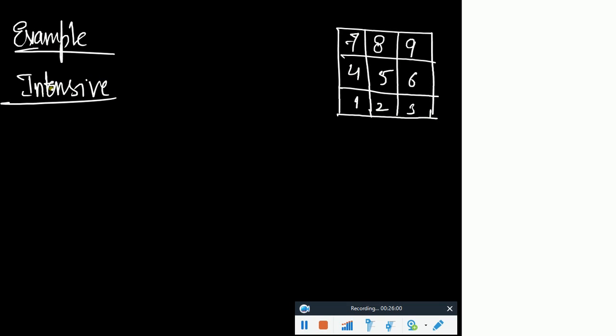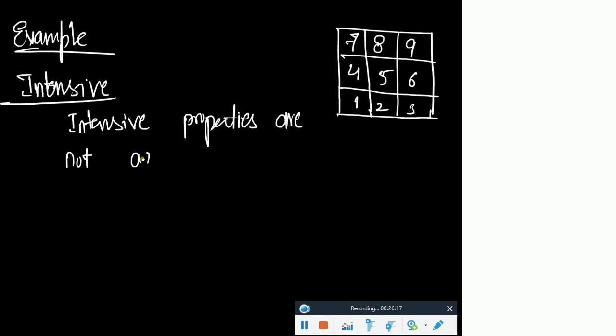Okay. So similarly, let's define intensive property. Intensive properties are not additive. It means you can't add the temperature of the components of the system and then say this is the total temperature of the system. You can't do it. Okay.